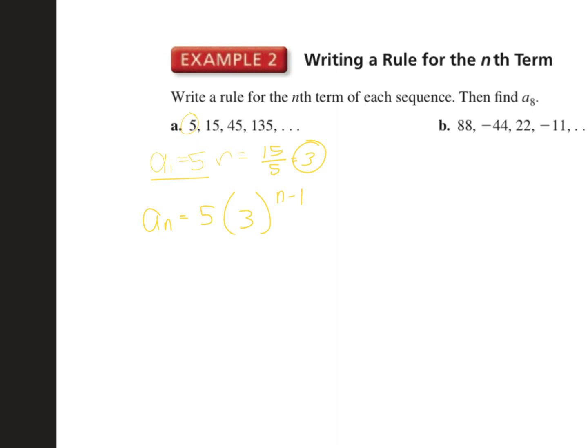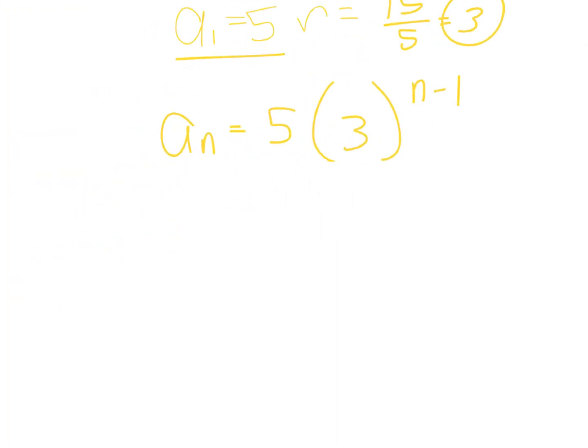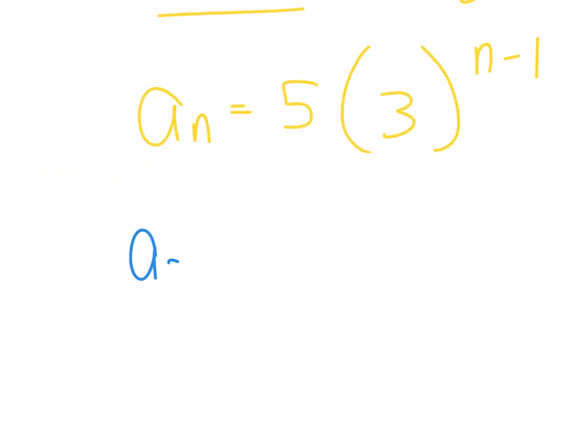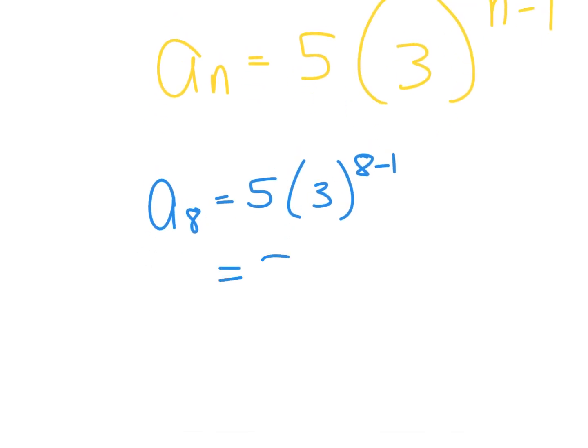So they're asking you here to find a sub 8. So what do they want us to plug in for n? 8. So I say 5 times 3 to the 8 minus 1. So what you guys would show me is you would say 5 times 3 to the what? 7th power. Now, if you put this correctly in your calculator, you're good to go.